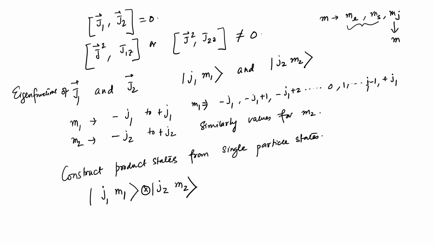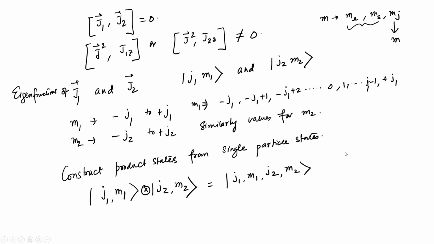It can be written as a composite state, a product state, with a representation like J1 M1 J2 M2. You can put a comma in between the indices. In fact, it is probably good to put a comma everywhere, so that we know that these are distinct indices, J1 M1 and J2 M2.